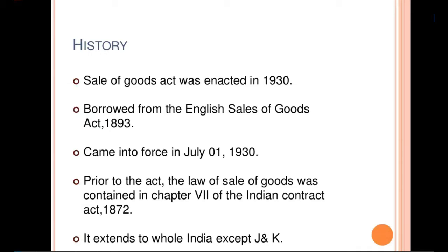Prior to the Act, the law of sale of goods was contained in Chapter 7 of the Indian Contract Act 1872. It extends to the whole of India except Jammu and Kashmir. So except for Jammu and Kashmir, this act is applicable in all states of India.